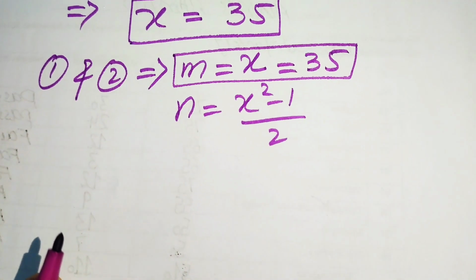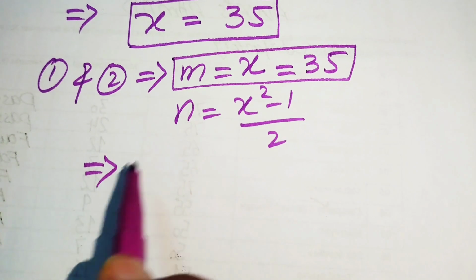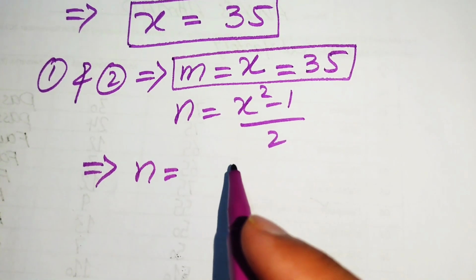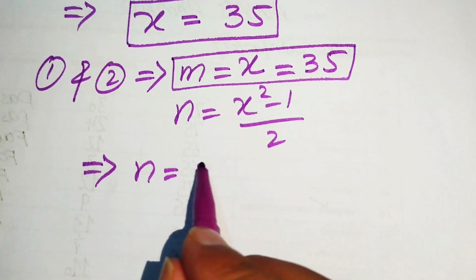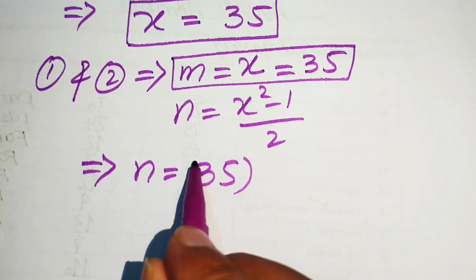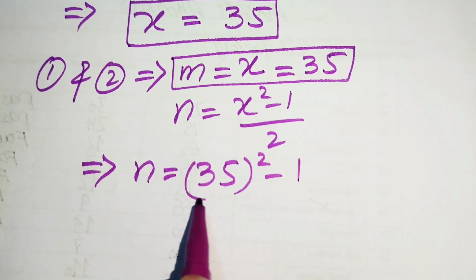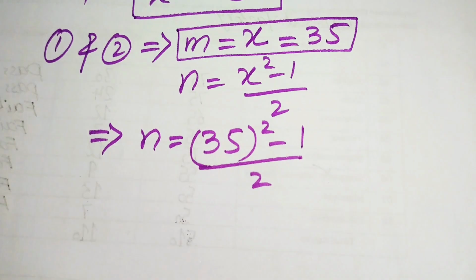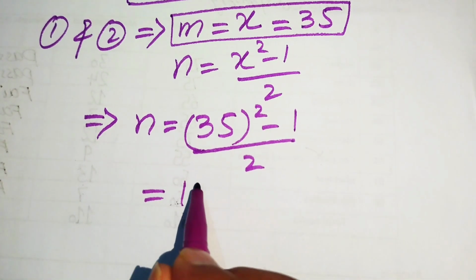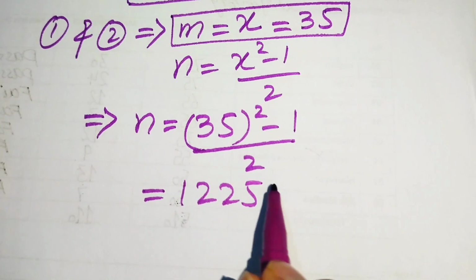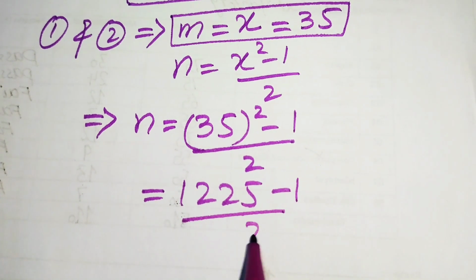In order to find the value of n, we substitute x equals 35, so it is written as 35 square minus 1 divided by 2. We know that 35 square is 1225, minus 1, divided by 2.